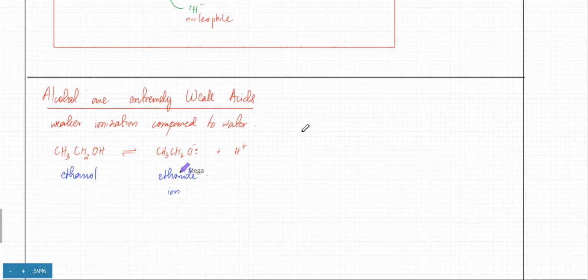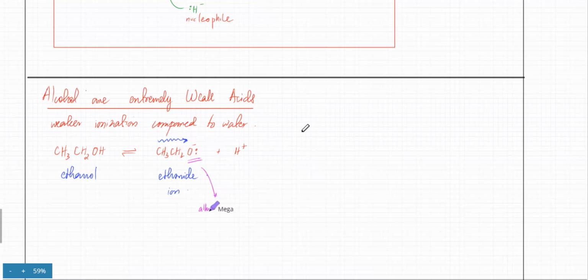So now the question is, why are they such bad acids? The reason they're such terrible acids is that carbon chains have an electron donating effect. Whenever you have a carbon chain attached to anything, it has an electron donating effect. What that does is that it increases the negative charge over here.